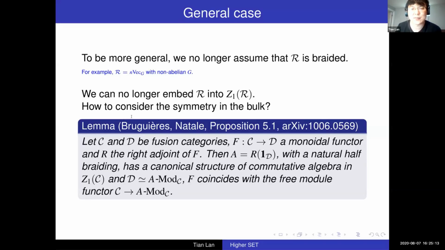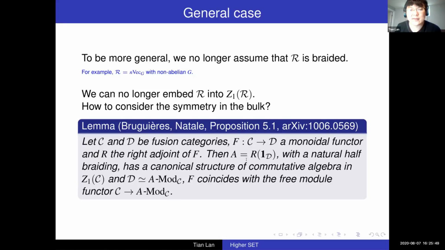This idea dates back to Bruillard and Natale in this paper. If you have two fusion 1-categories and a monoidal functor between them, and assume this F has a right adjoint, then you can take the image of the tensor unit under the right adjoint. It will have a natural structure of a half-braiding, so it lives in the bulk, and a natural structure of a commutative algebra.